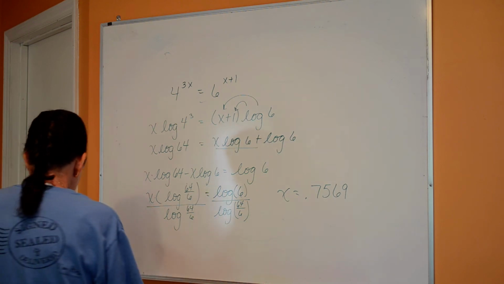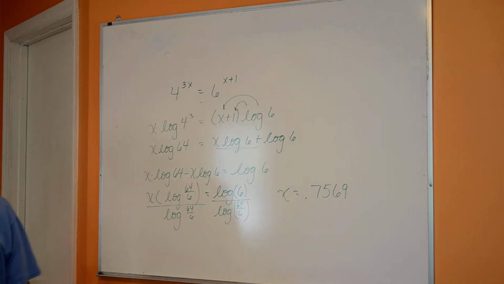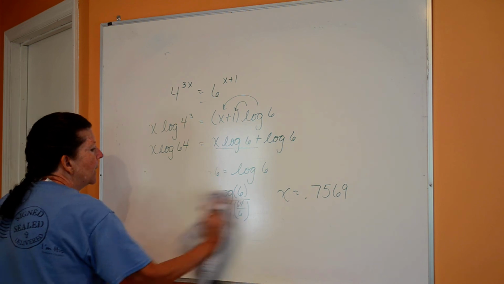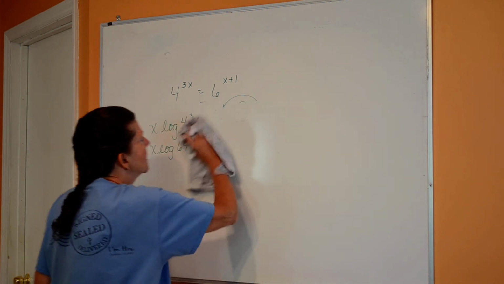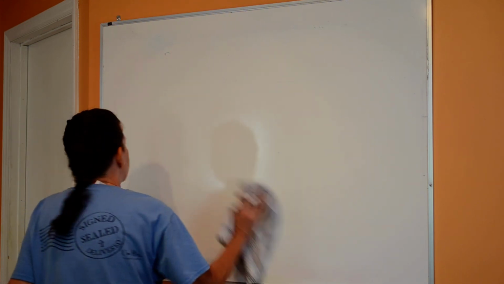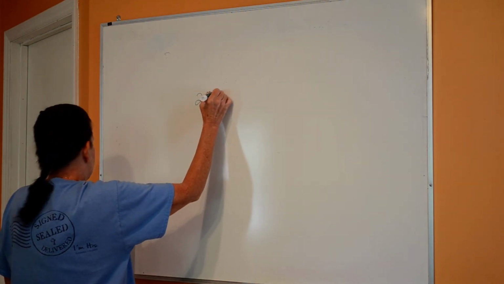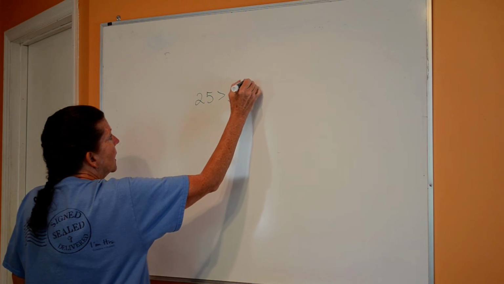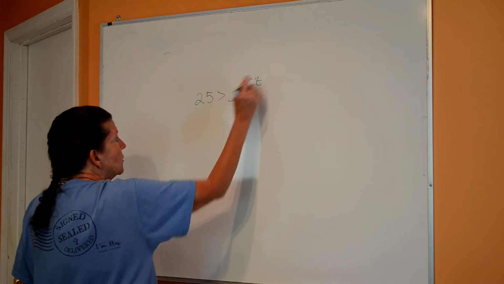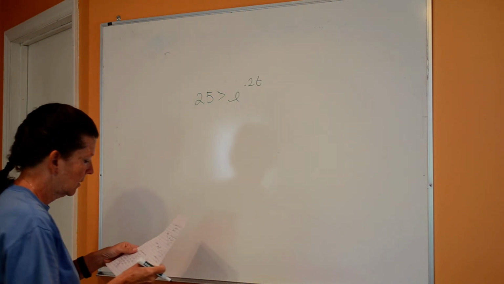All right, let's use an inequality, if you will. This one's a little bit harder. This one requires you to use the natural log, and then I'll give you your review homework after this. Okay, the reason why it requires you to use the natural log is because it has an e in it, okay?